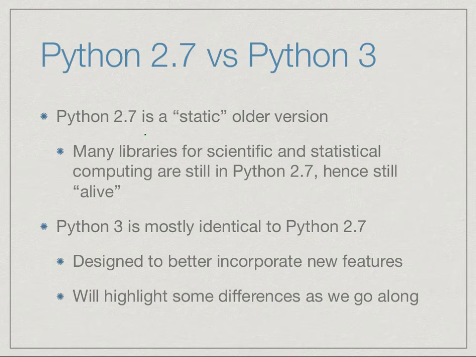But as often happens, a lot of people had already been using Python, and Python 2.7 has a lot of software written using that version. In particular, a lot of software that people find convenient to use, such as scientific and statistical libraries of functions where they don't have to write it themselves but just invoke these libraries, are still written using Python 2.7. And if you run it from Python 3, sometimes these functions don't work as expected.